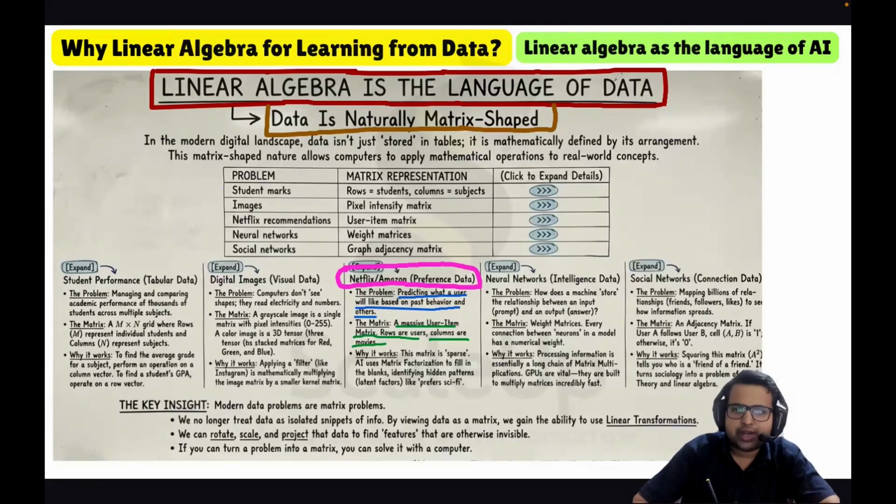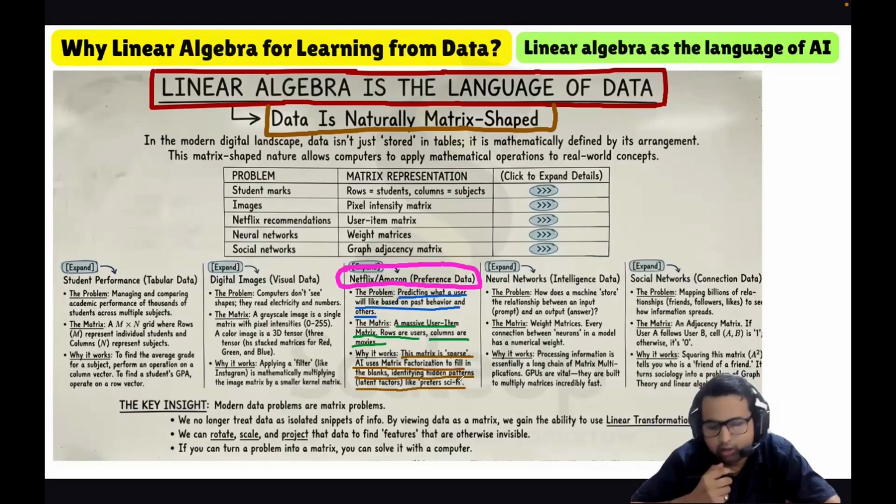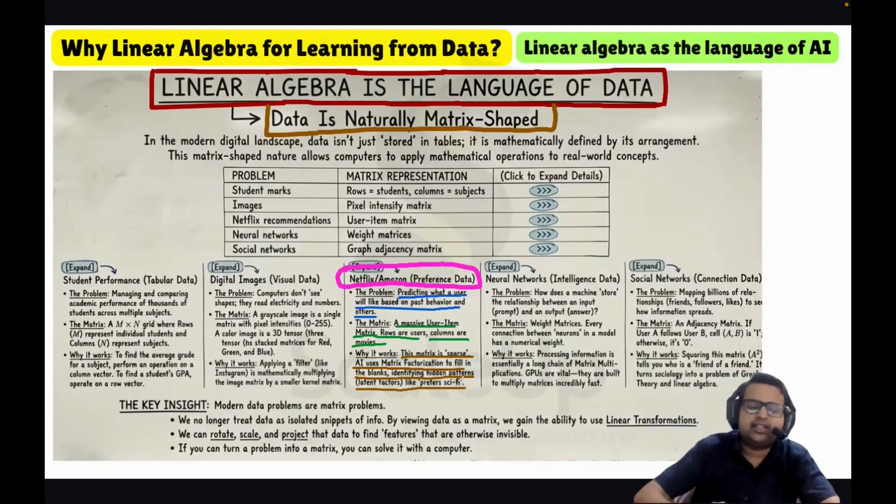This user item matrix is a sparse matrix, in which most cells are empty. So AI uses matrix factorization to fill in the blanks, identifying hidden patterns. We call them latent factors, like prefers science fiction movies, or 90s nostalgia.